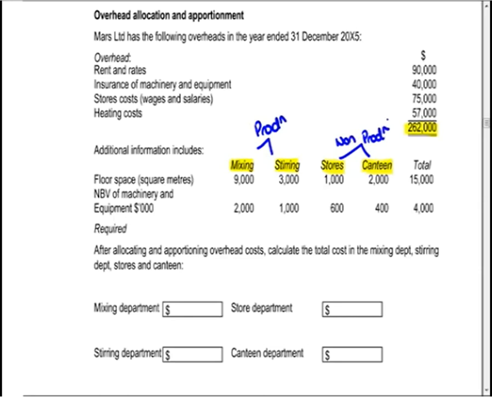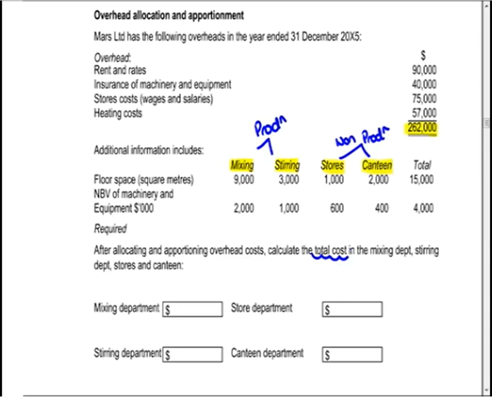We're given some additional information about each of those departments, which will help us to allocate and apportion the overheads given above. What we have to do is work out what the total cost should be in each of the departments. We're going to do it for each of the departments for completeness, but in the exam I would expect that you would do it for one department.